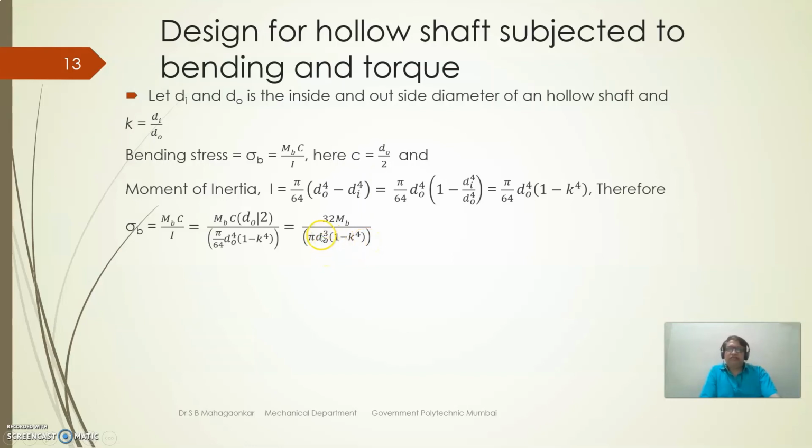If it is a solid shaft, instead of d0 cubed you get d cubed, and the factor 1 minus k raised to 4 applies where k is di by d0.